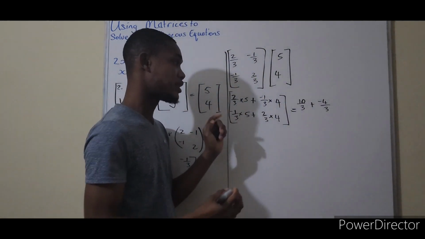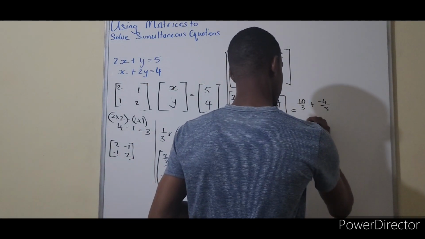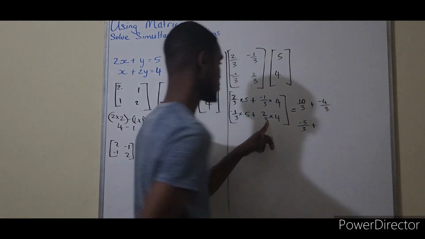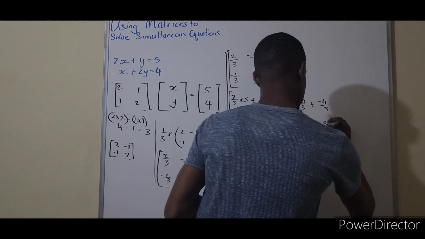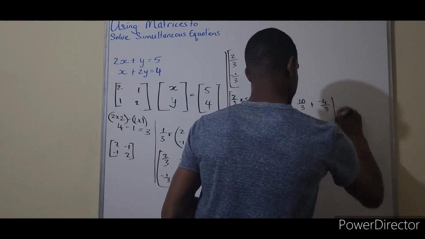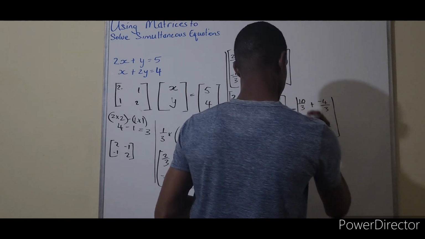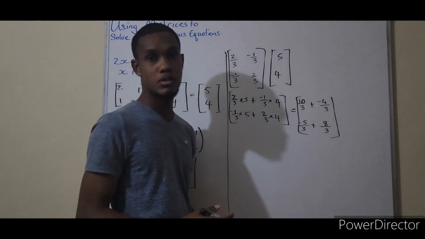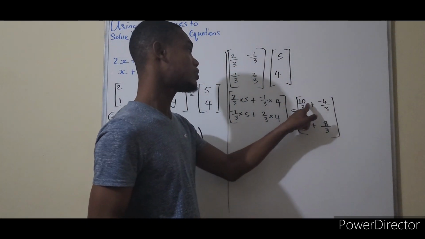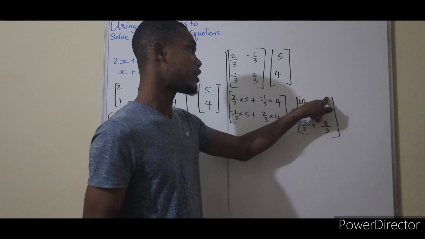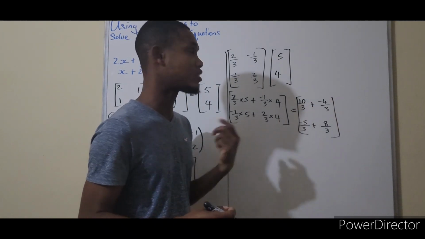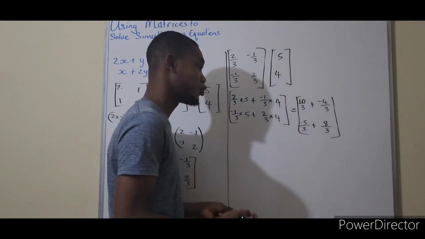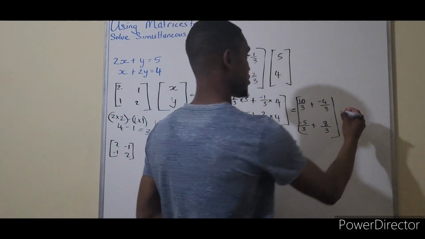Now, 5 times negative 1 would be negative 5 over 3, plus 4 times 2 is 8 over 3. And then you simplify further. So 10 over 3 plus negative 4 over 3: 10 minus 4 gives you 6, so that would give you 6 over 3.